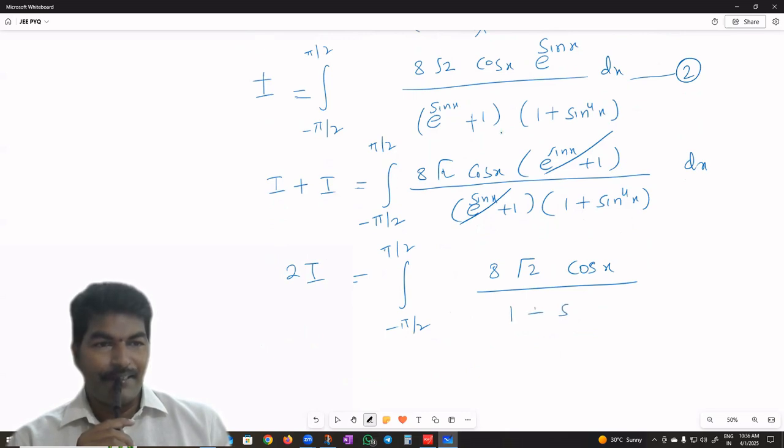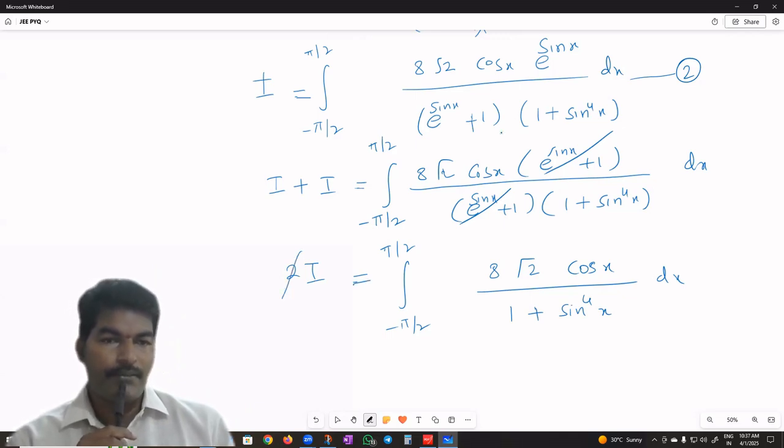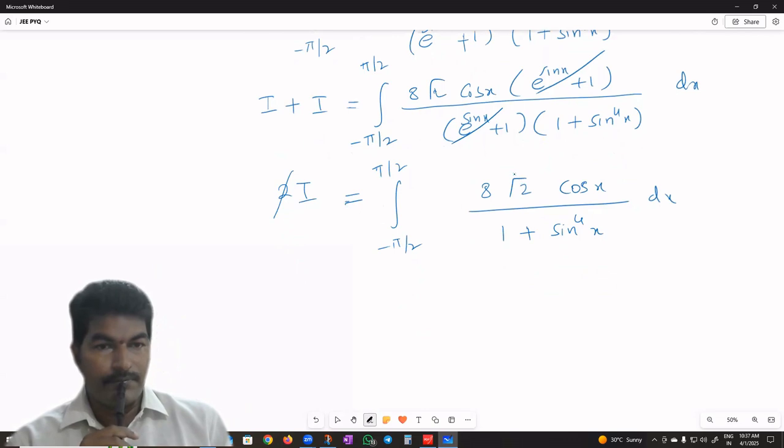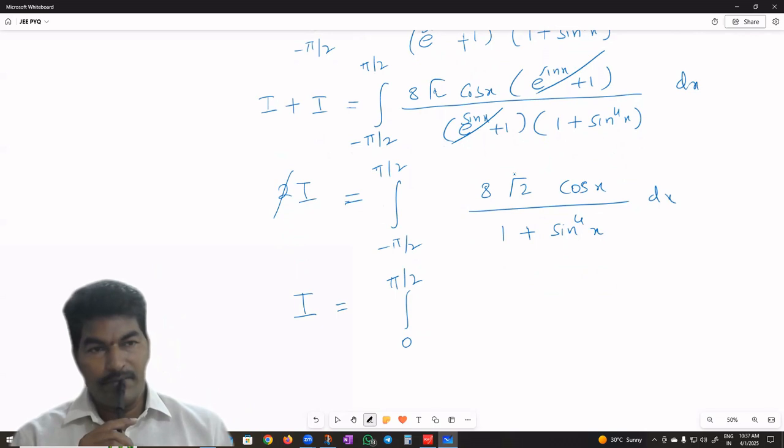Now what is left? See here, if you take sin x as t, it is very easy to solve this integral. You can write 0 to pi by 2 by doubling. Else you can cancel this on both sides. So I is equal to, here I am adjusting the limits, because it is an even function.